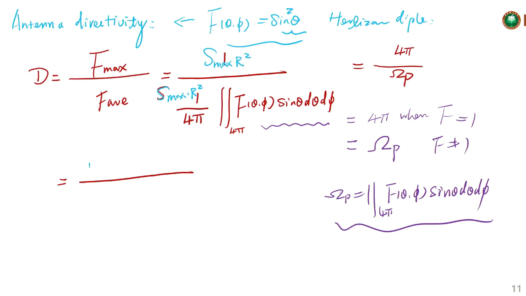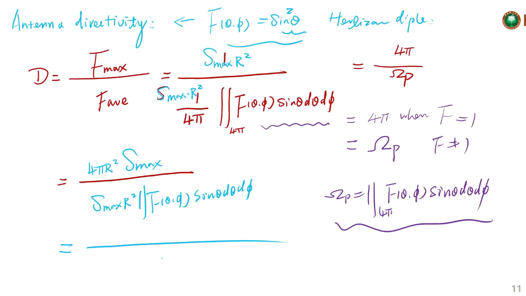So that means it's 4 pi R squared S max, here is S max R squared, F theta phi sin theta d theta d phi. Now we know this one is the radiated power. All right, this one is 4 pi R squared S max.